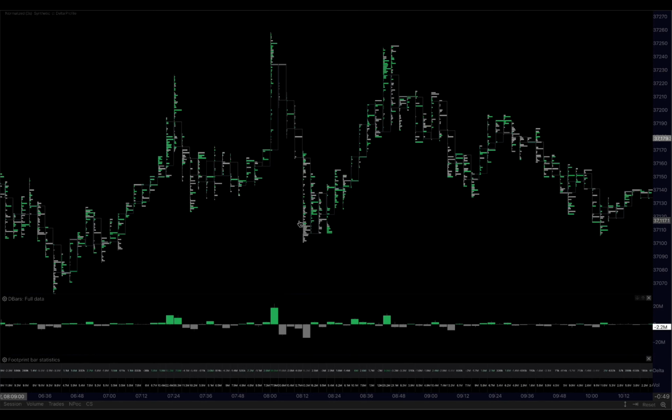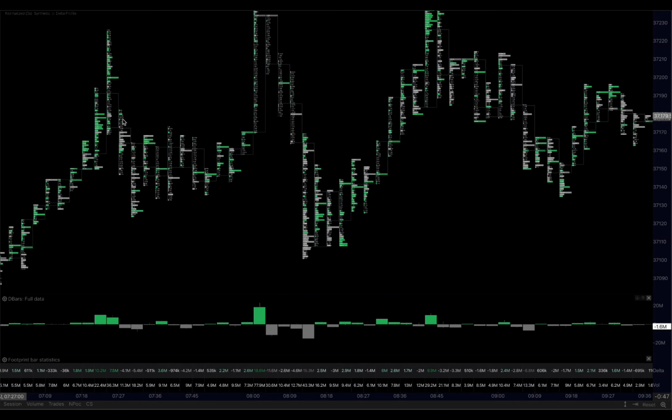Gray is my color for negative delta. We have the start of the B, and then we have the rest of the B here, right? So we have massive selling, so negative delta, and we also have a spike in negative delta here.